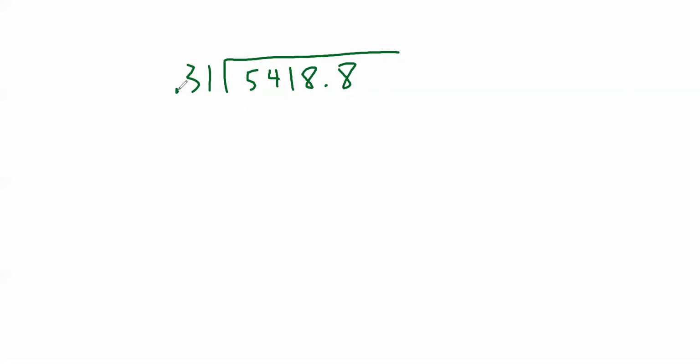Now we have 0.31. How many times do we need to move the decimal point? Twice. That's going to be what brings it into being what looks like a whole number. So we move it twice. We're going to have to move this twice as well.